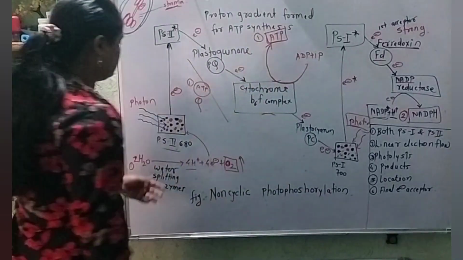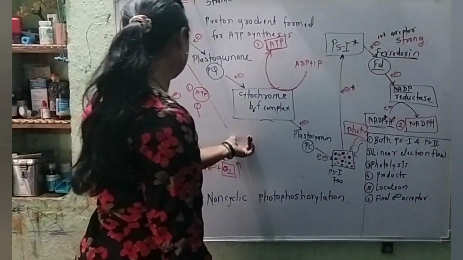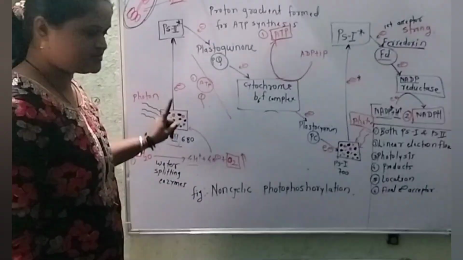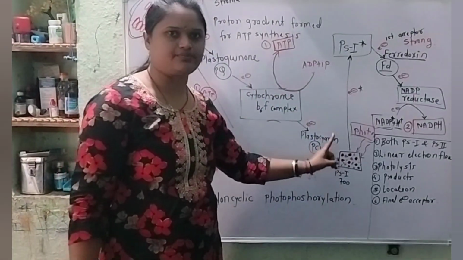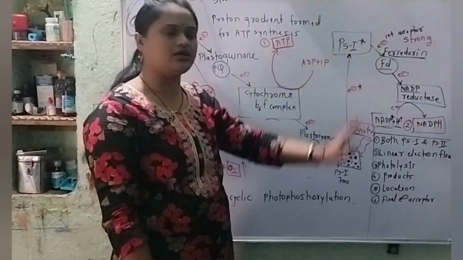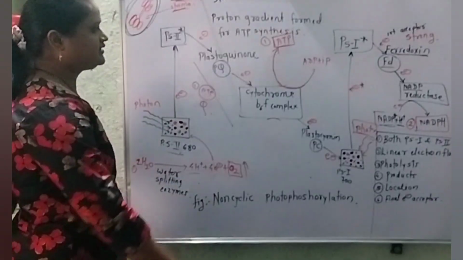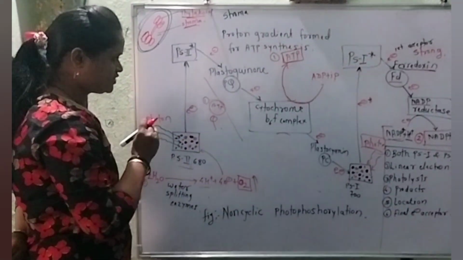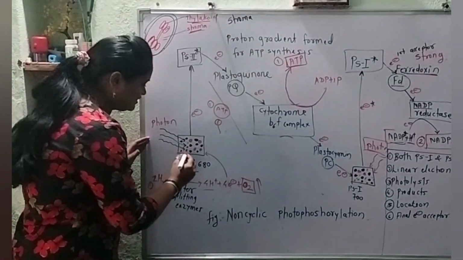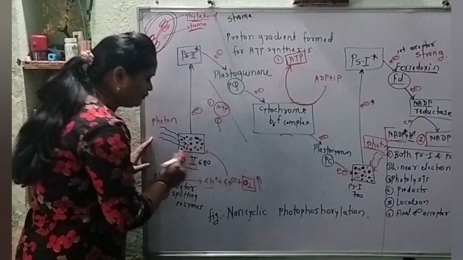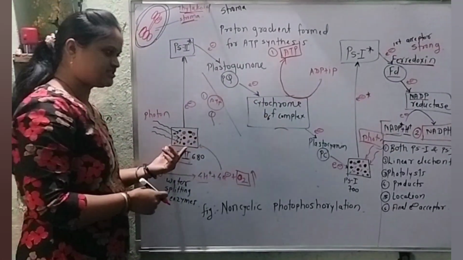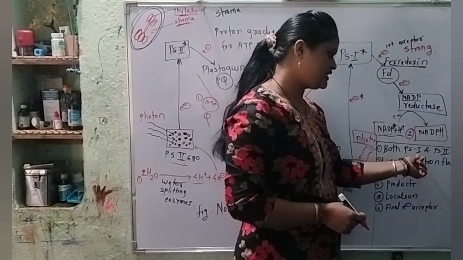So the electron is transferred from pigment system second to pigment system first, and pigment system first gives this electron to ferredoxin. The most important thing in this reaction is the involvement of both pigment system first and pigment system second.